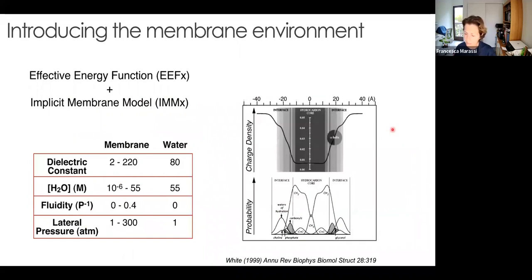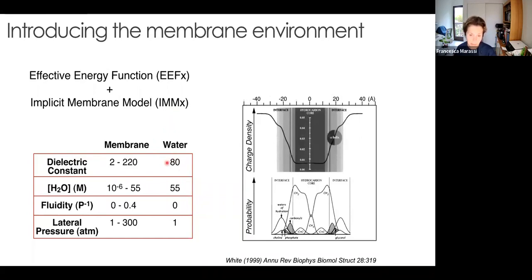So because we're interested in membrane proteins, the next step was then to introduce an implicit membrane model. So to take water and add implicit lipid and basically try to mimic this heterogeneous environment that's associated with a membrane, where the dielectric constant really ranges widely across the membrane profile.